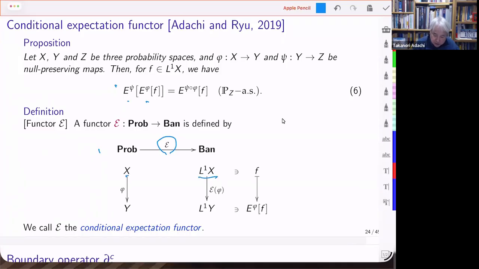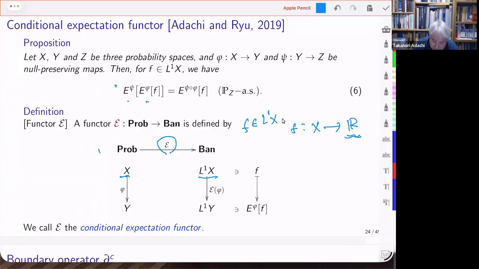So L1(X) is the set of all random variables defined on the probability space X. Here, the target of the random variables is fixed to R, so f is a map from X to R. Of course, we can generalize this, but currently we just fix R.